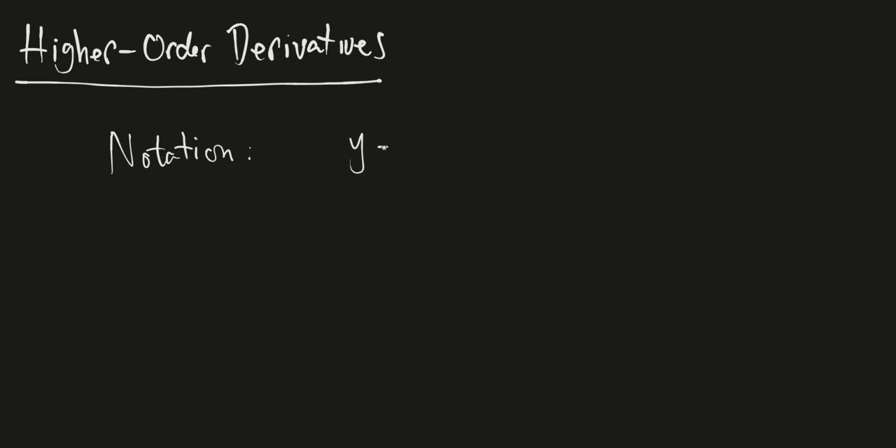So we have y equals f of x. This is what we might call the original function. Well, we have notations for the first derivative. The Leibniz notation is like that, or we have the prime notation that looks like this. So this is the result of applying the derivative operation once.